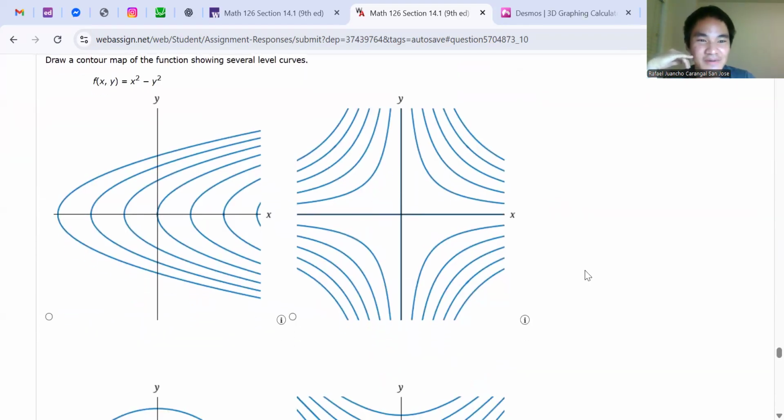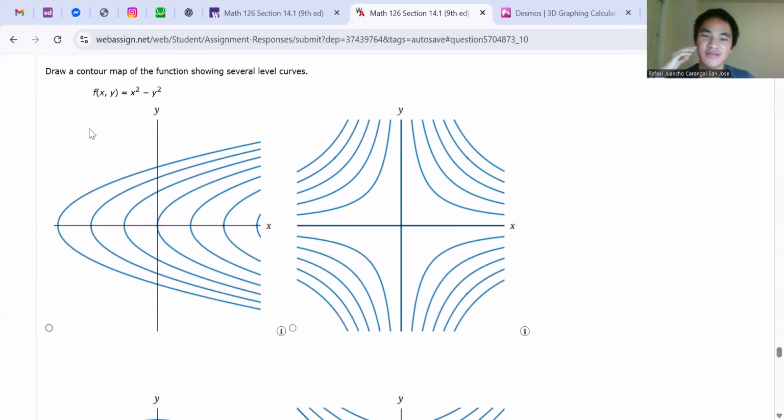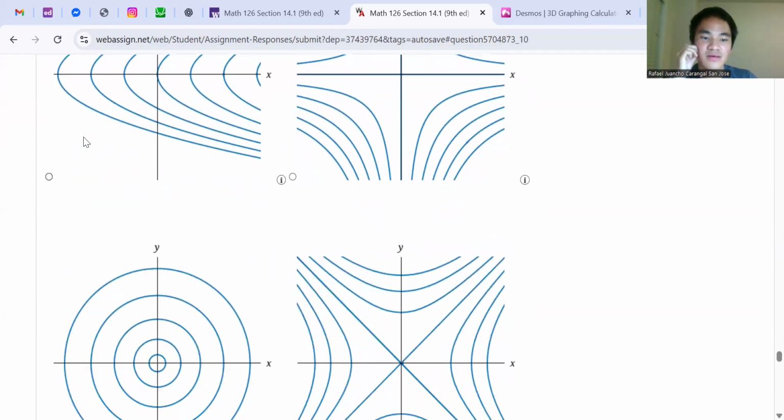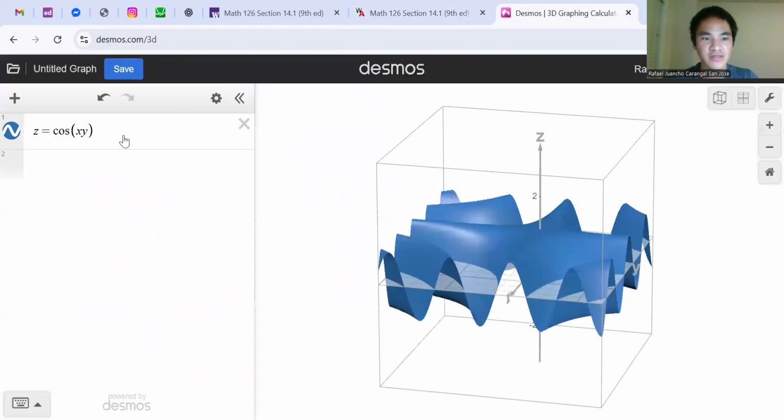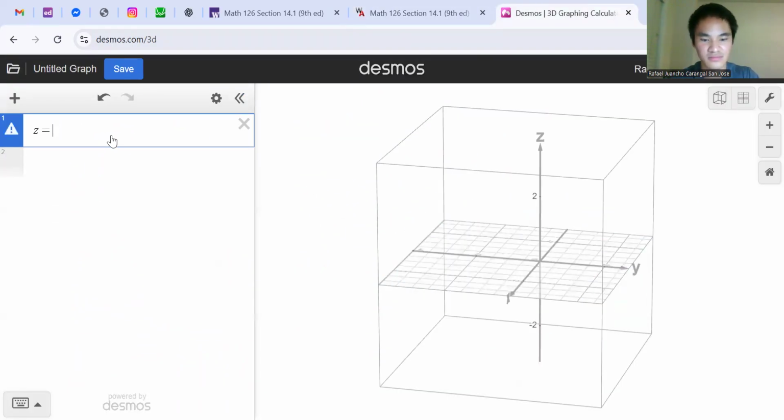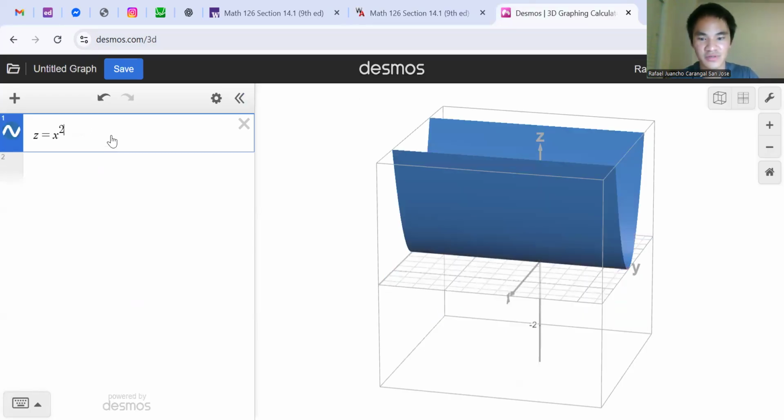Okay, we draw a contour map based on a function here. So here's just the reverse. I think this one's personally easier. X squared minus y squared is an ellipse. It's an ellipse. Let me just do my calculator here. It doesn't matter. I can judge it from the graph.